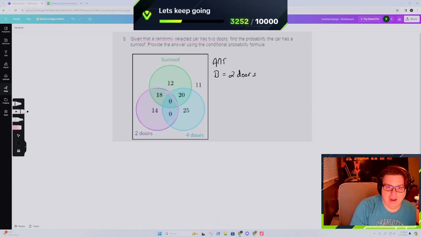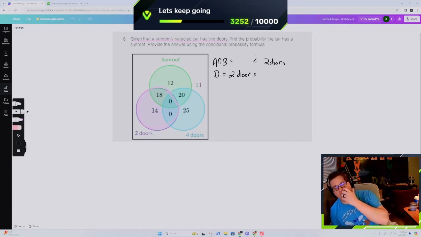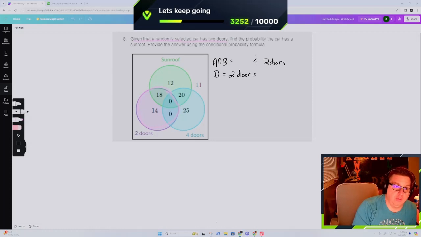A and B together has to come from the problem still. But we know it has to have 2 doors and something else. Okay? Now, we haven't read anything else. All we have read is that it's given that we randomly select a car that has 2 doors. Find the probability that the car has a sunroof. Oh, so we're doing sunroof.